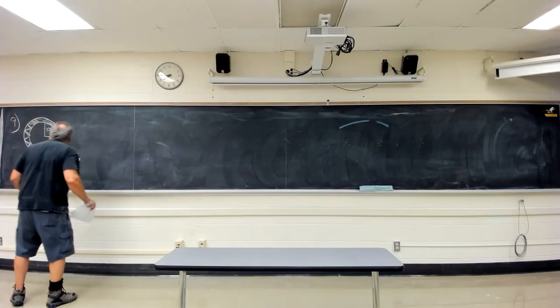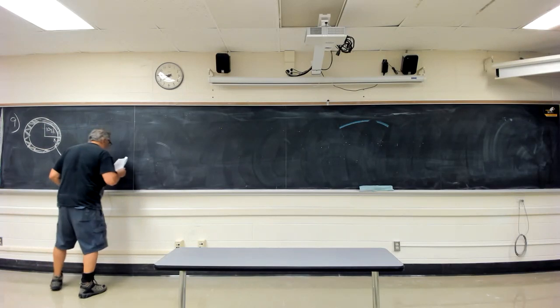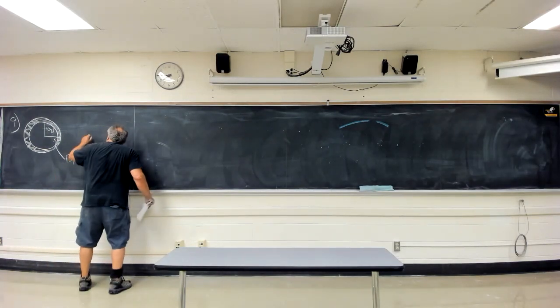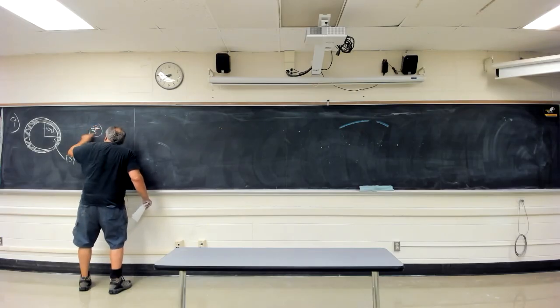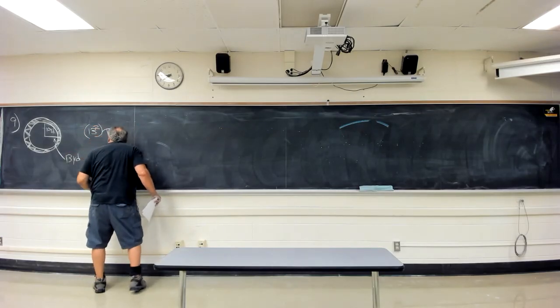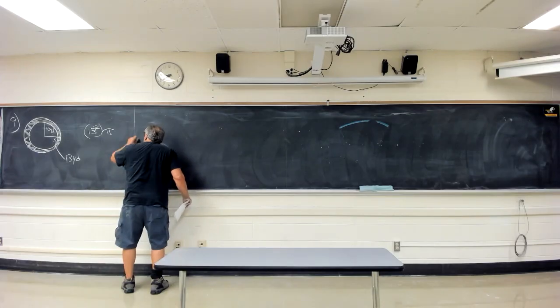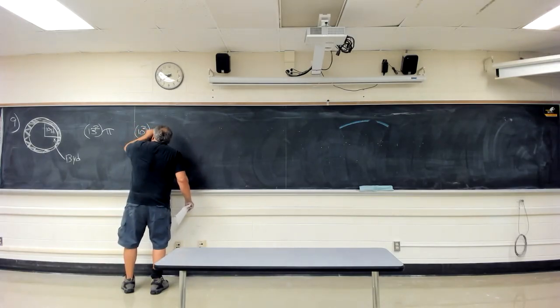The difference between the two is going to be the area of the circular path. Pi r squared, r is 13, times pi. Pi r squared, r is 10, times pi. The difference between the two is going to get you there.